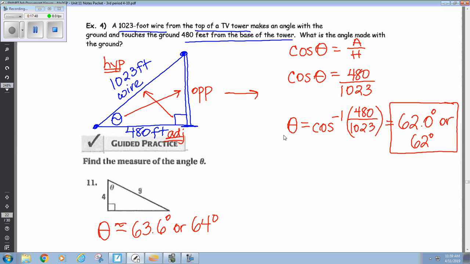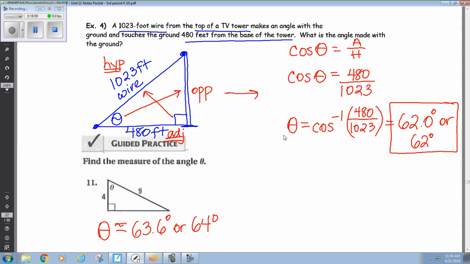Now, notice that we didn't use secant, cosecant, or cotangent for right triangle trig. We don't use those three for right triangle trig if we're finding a missing angle or finding a missing side. That's only for ratios.